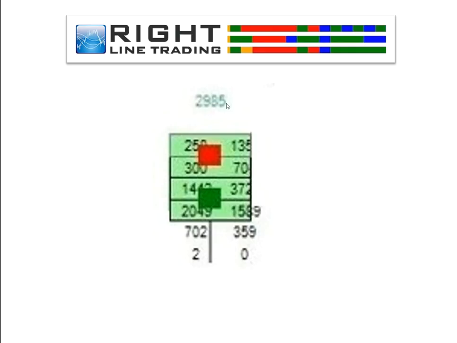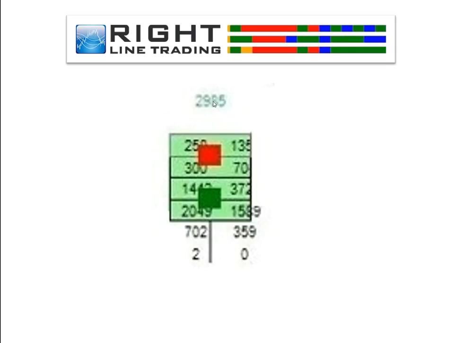Now, if there are more traders looking to buy, then one would think, this shows that the market delta of this candle is green. It's a little blurry. The number is 29.85.